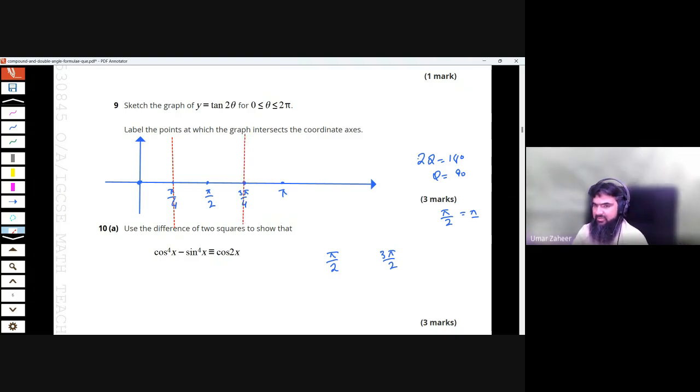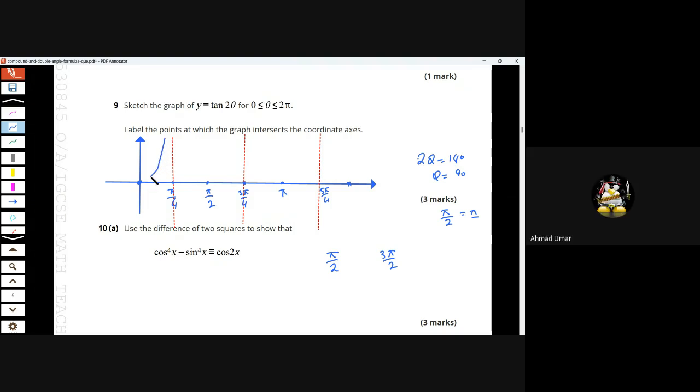And the other asymptote line will be here. 3 pi plus pi over 2 will be 5 pi over 4. Yes, we have to draw the graph. Sir, it said draw till 2 pi.